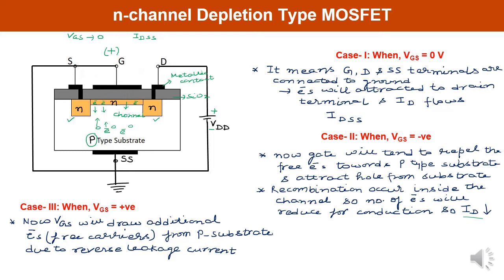VGS will draw additional free electrons from the P-type substrate, and these accelerated electrons will knock out more electrons due to collision, and the drain current will increase. So when VGS is positive, the drain current will increase. You must remember all of these three cases.